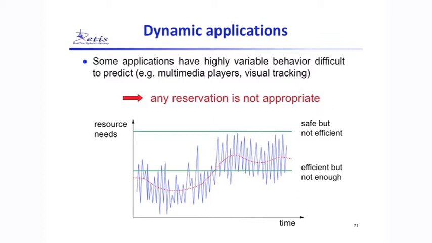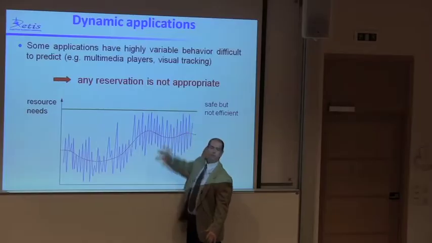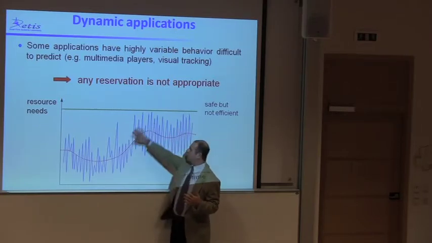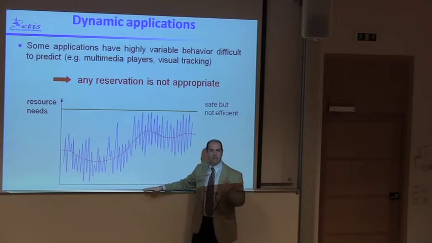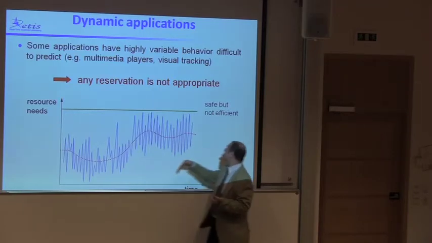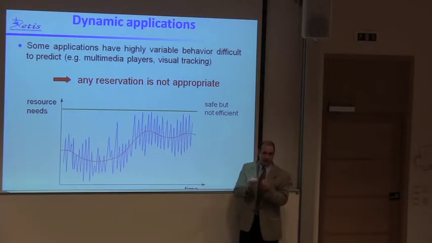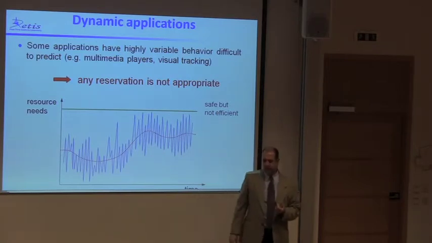In some cases, you may decide to allocate for the worst case. Then I allocate the highest possible fraction to guarantee the highest peak in my application. But of course, this is safe, but not efficient. If I have not many resources, this is not efficient.